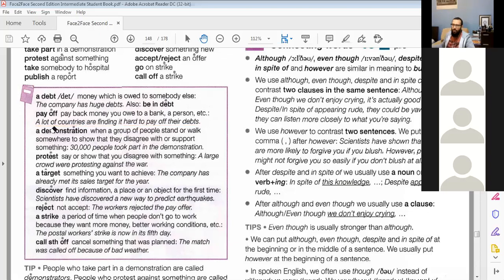All right, a demonstration. What's this in Arabic? Let me show you the example. It says 30,000 people took part in the demonstration. يظاهروا. Yes, تظاهرة. Correct. A demonstration هي مظاهرة تظاهر. So, protest. It says to say or show that you disagree with something. A large crowd were protesting against the war.